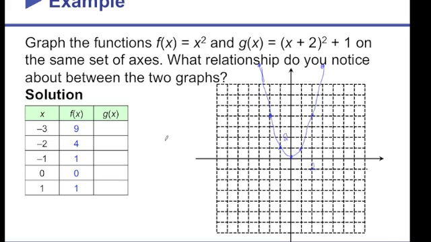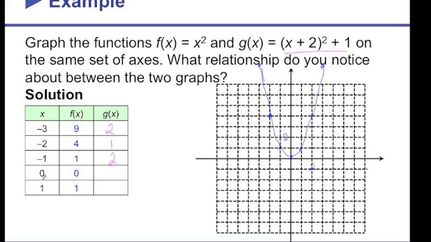This is our parabola. Doing this one, well, so negative 3 plus 2 would be negative 1 squared, 1 plus 1, 2. Negative 2 plus 2, 0 squared plus 1, 1. Negative 1 plus 2, 1 squared plus 1, 2.